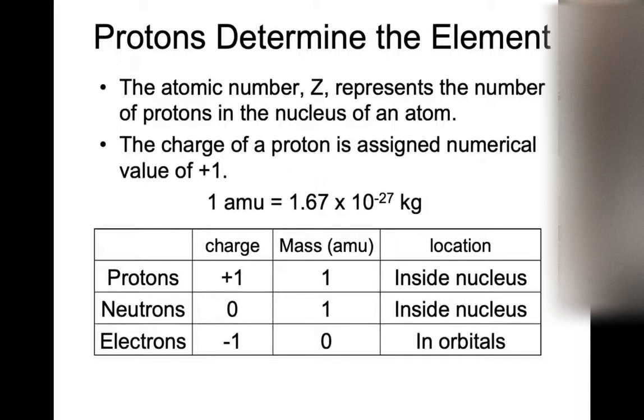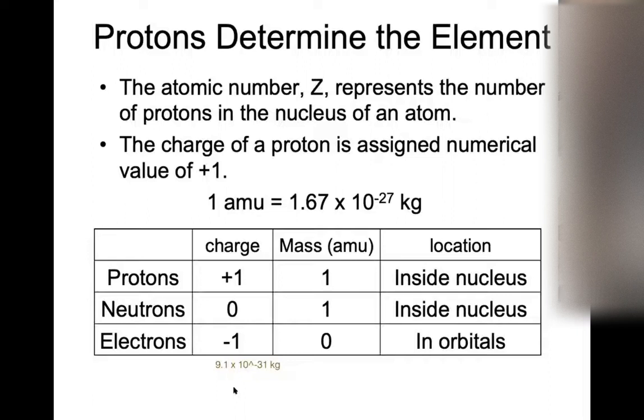They're pretty close. Then electrons, if you remember, had a mass of 9.1 times 10 to the minus 31 kilograms. So 10 to the minus 31 kilograms, it's also very small.